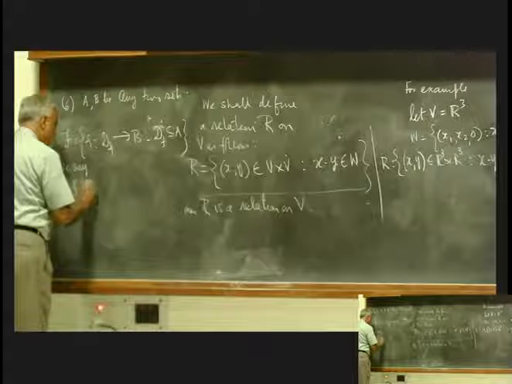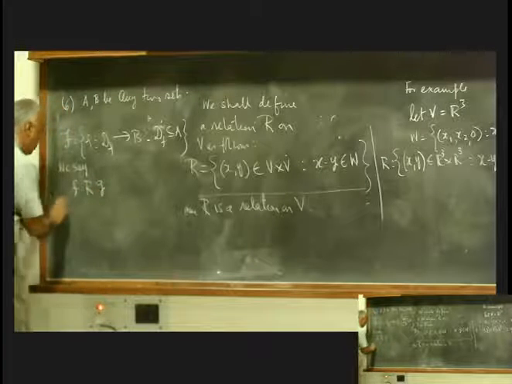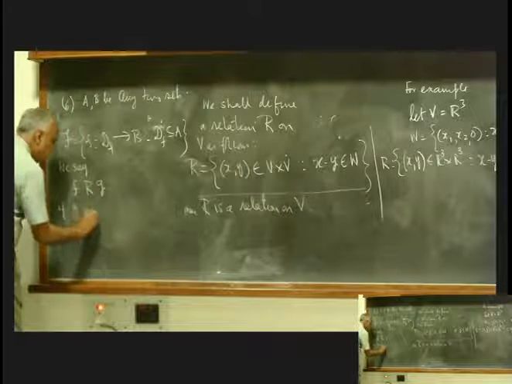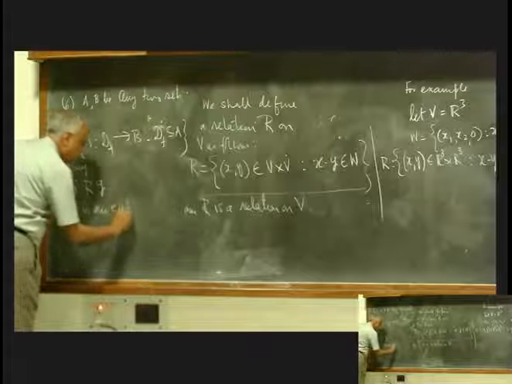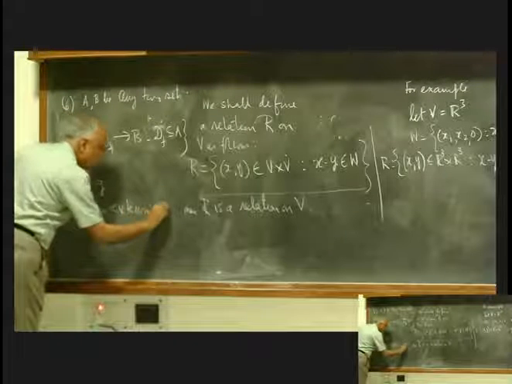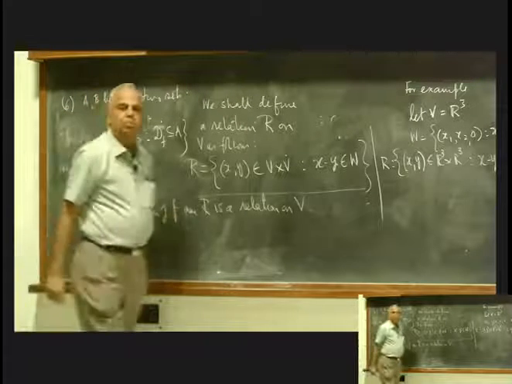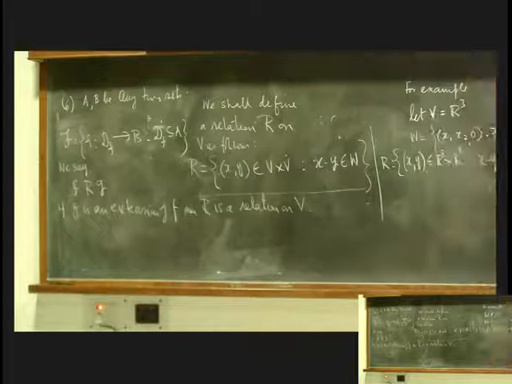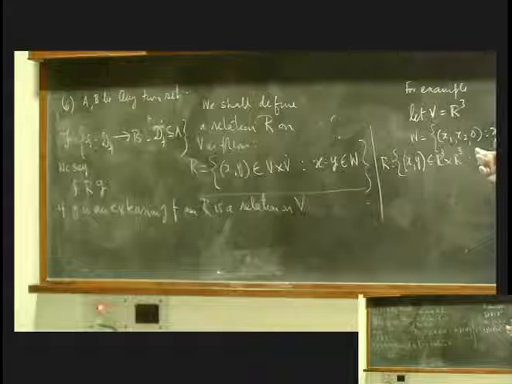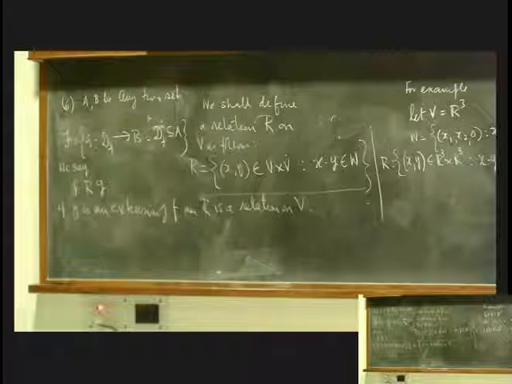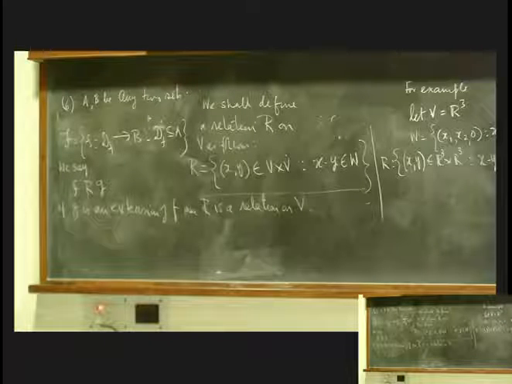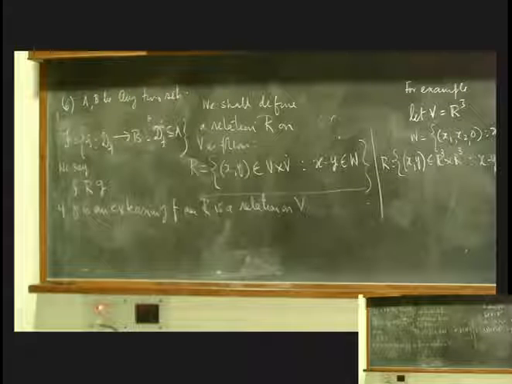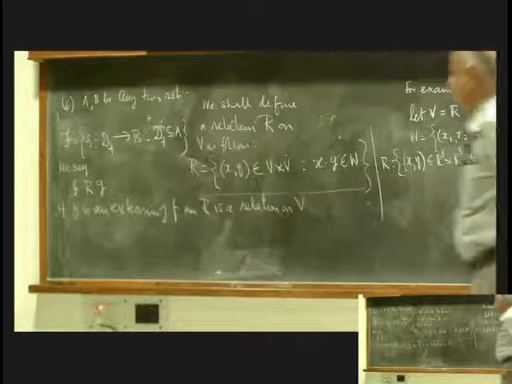Then we say F is related to G if G is an extension of F. Remember what is meant by extension of F? The domain of F must be contained in the domain of G, and in the common part both F and G agree. Okay, that is a relation.